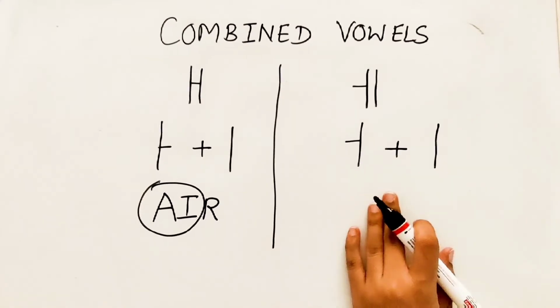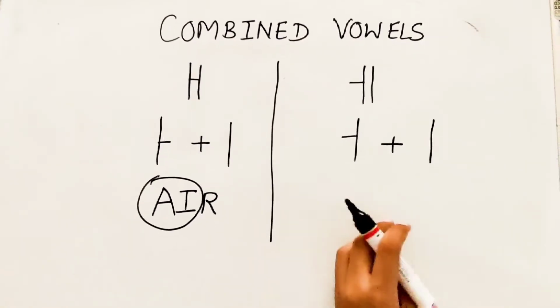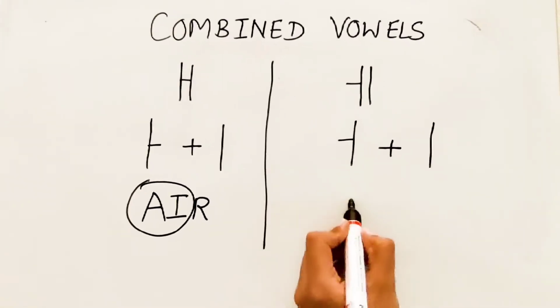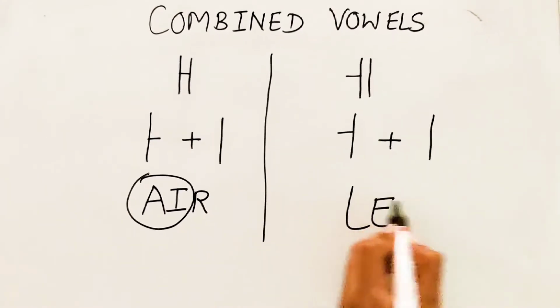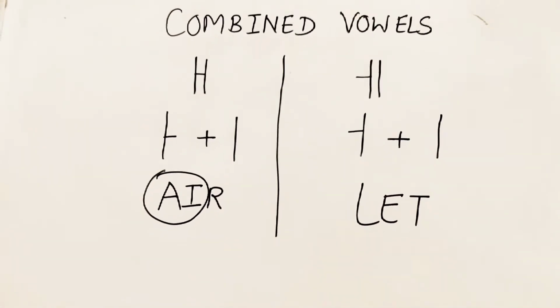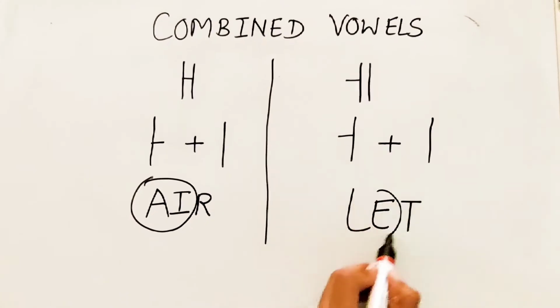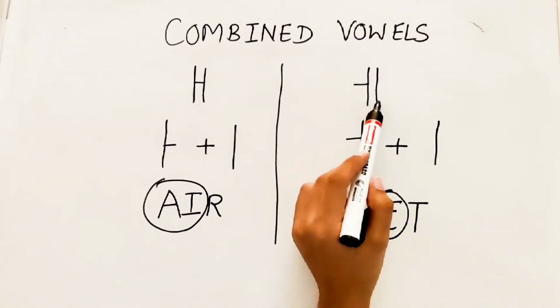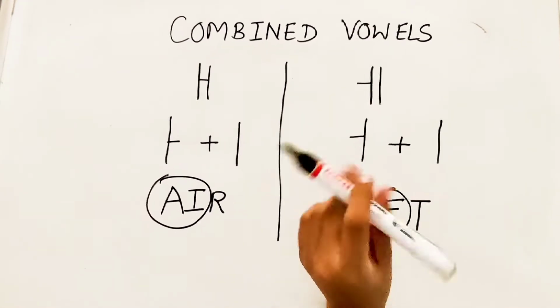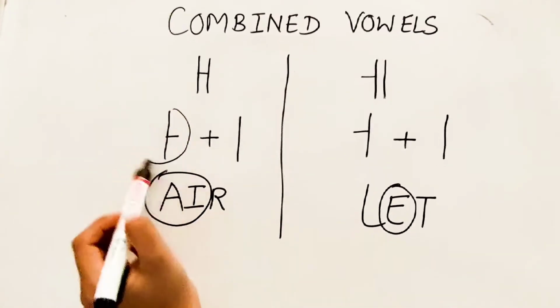This makes a. Now the word in English that you can use to remember this vowel is let. When you say let, notice how short the e is. Okay, so that's how you can differentiate between these two.